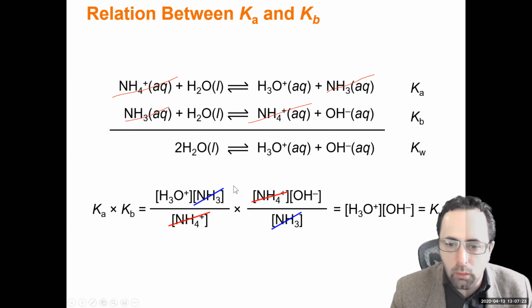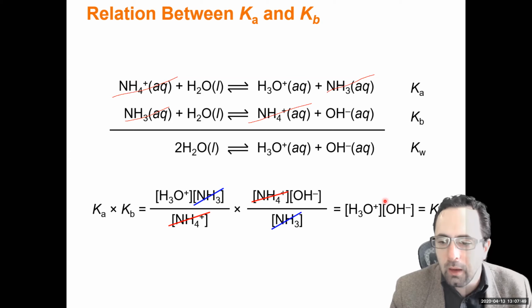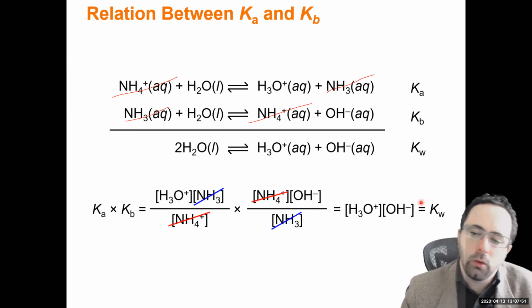If we were writing the Kb expression for the second reaction here, it would be the products, ammonium and hydroxide ions to the first power, their concentrations, over reactants, ammonia. And again, we can see if we multiply these two Ks, that gives us the K at the end, because the ammonia cancels, the ammonium cancels, and we get hydronium times hydroxide, which is Kw.